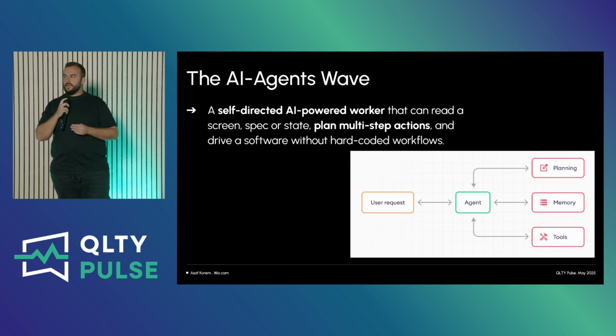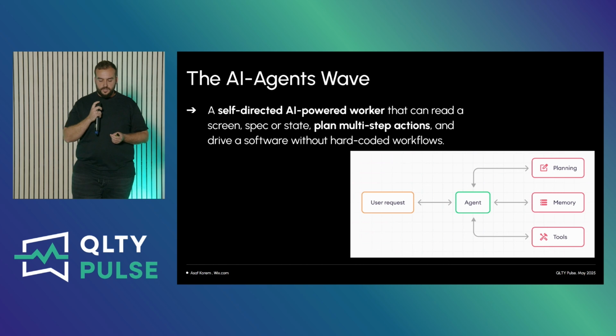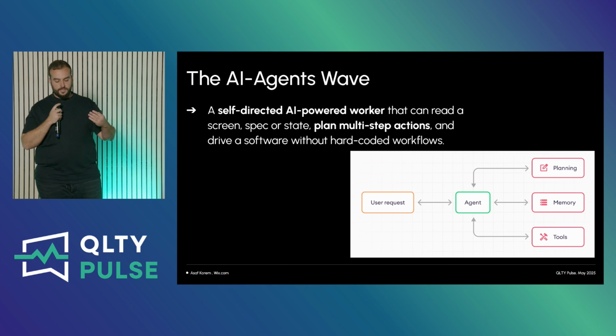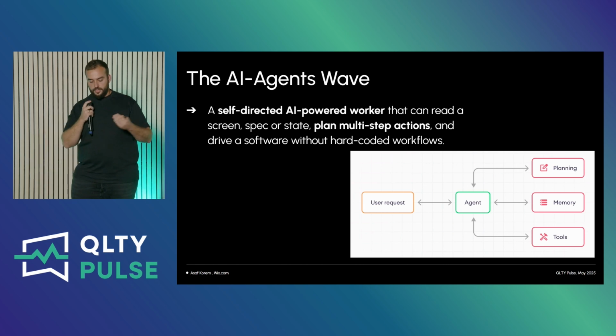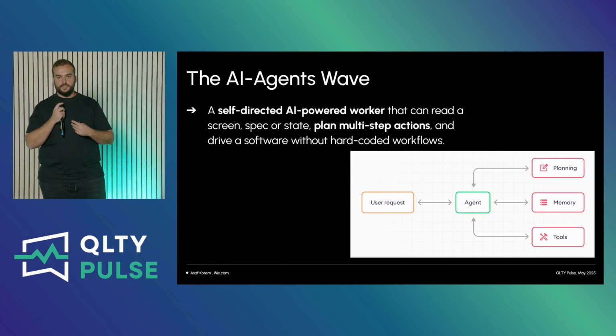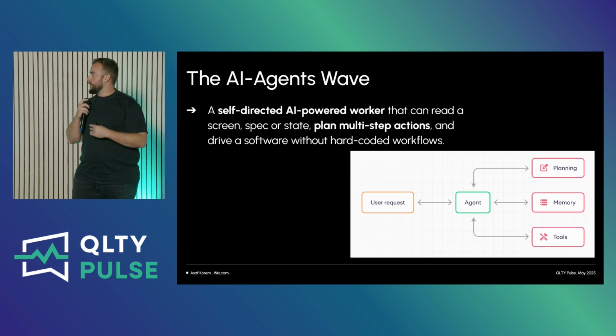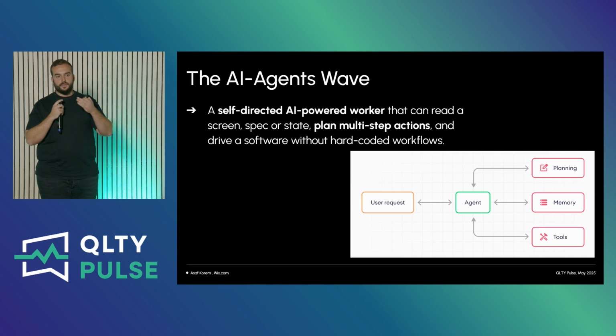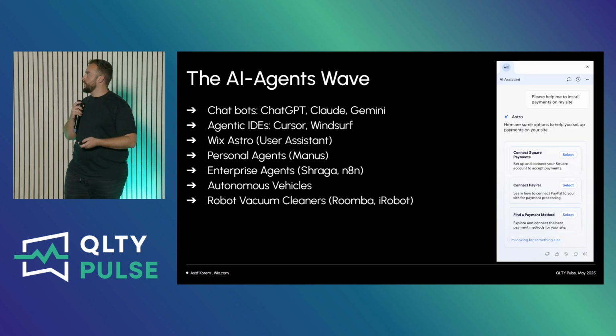An AI agent is an AI-powered worker that can read some state and plan and perform actions based on its planning and the observation, and provide itself feedback from the actions that it did, and plan the next step as part of an undefined workflow until it reaches its goal.